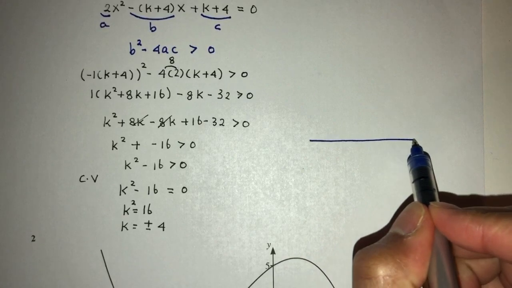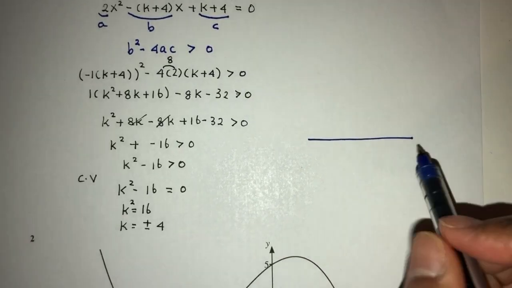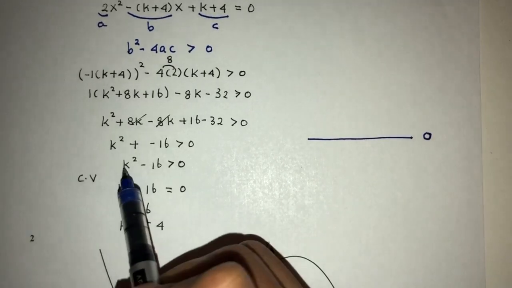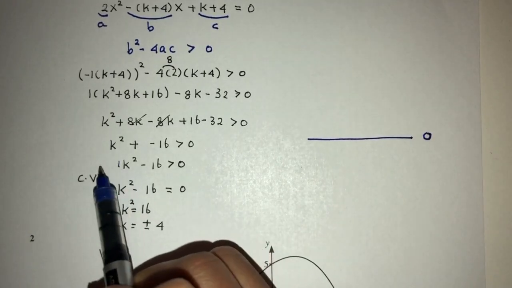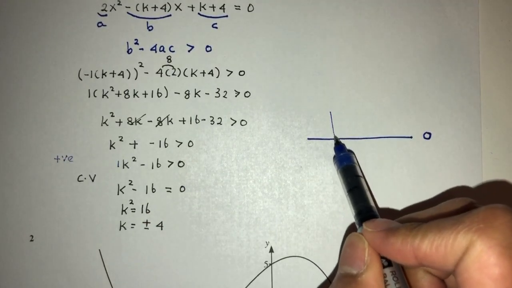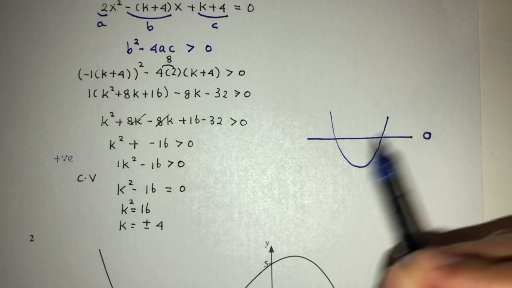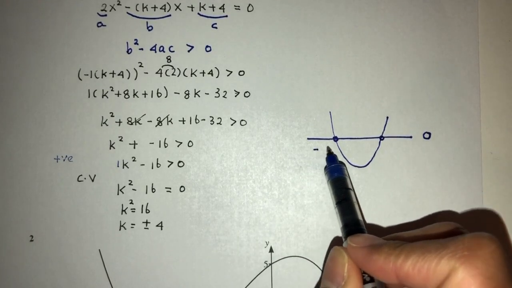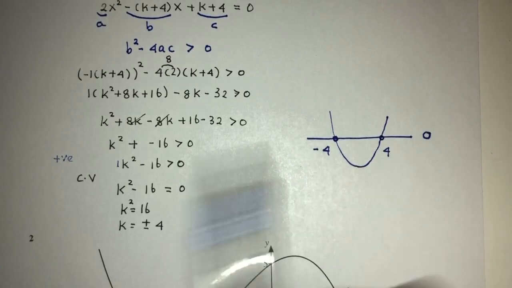Basically, this is my x-axis. This will be the line 0. Because here we have 1k squared, it is a positive value, so the shape of the graph will look something like this. And these two will be the critical values. We know this is minus 4, and this will be plus 4.